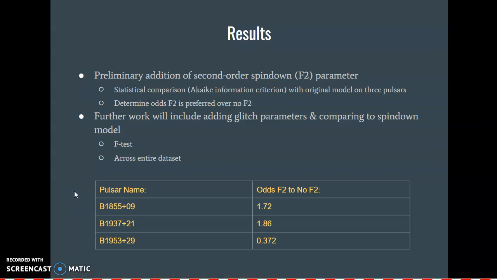So some further work that I would do is I would add the rest of the glitch parameters and do another statistical test called the F test, which is more accurate because instead of producing these odds, it would allow me to actually accept or reject the model.